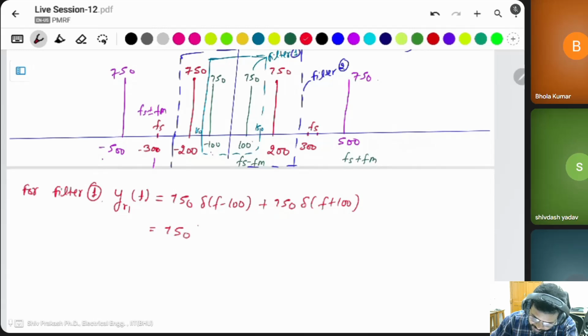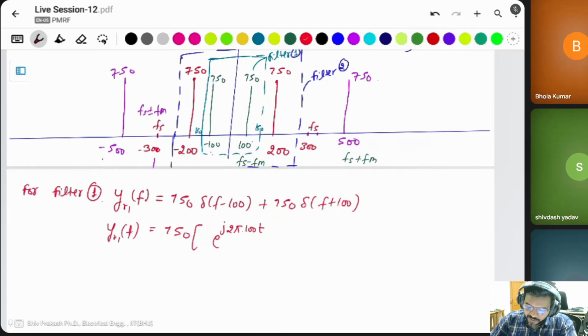You can common 750, then this will be 1 f minus something equal to e to power of j 2 pi in t, this is in f, this is in t. e power of j t have Fourier transform is del f minus of something of omega naught t, like that, plus e to power of minus j 2 pi into of 100t.